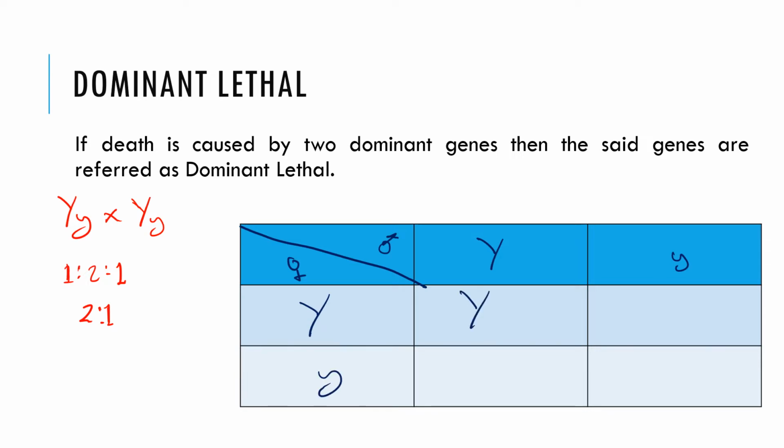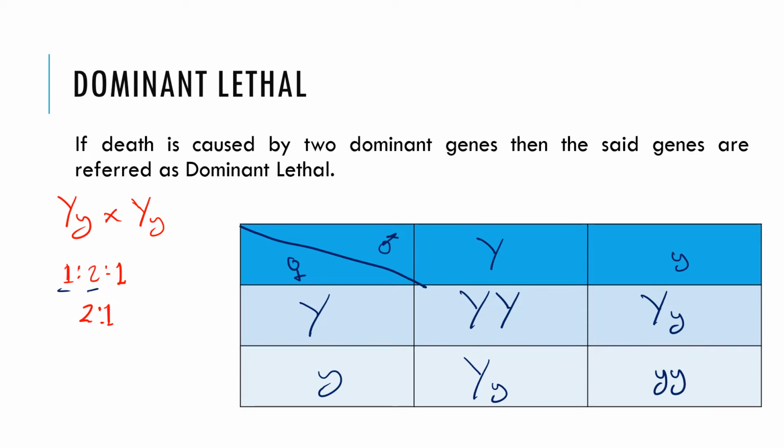So we are going to get one genotype of homozygous dominant, two individuals with heterozygous dominant genotype, and one individual with homozygous recessive genotype. So in a normal Mendelian case, it will be 1 is to 2 is to 1: one homozygous dominant, two heterozygous dominant, and one recessive homozygous.